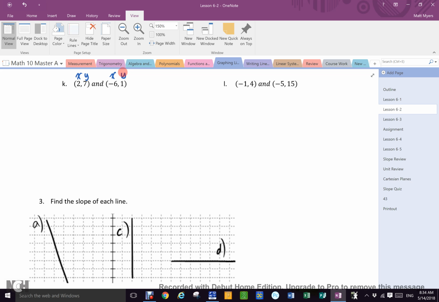Everybody with me? So every single one of you right now, without talking to your neighbor and without saying it out loud, write Y2 above one of the Y values. So either 7 or 1. Name one of them Y2. Has everybody written Y2?